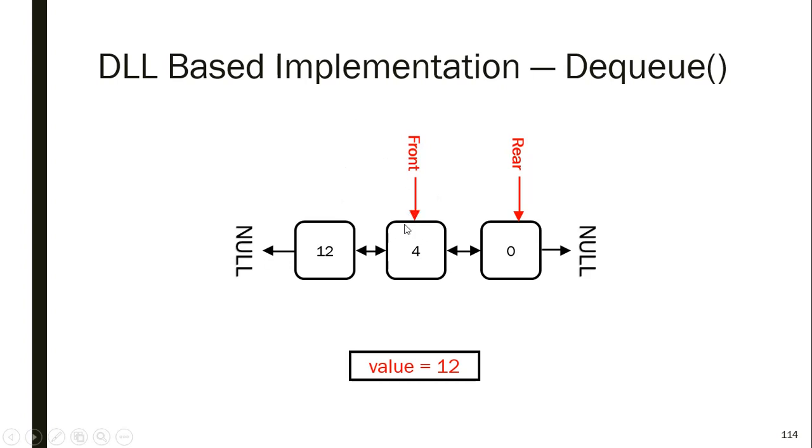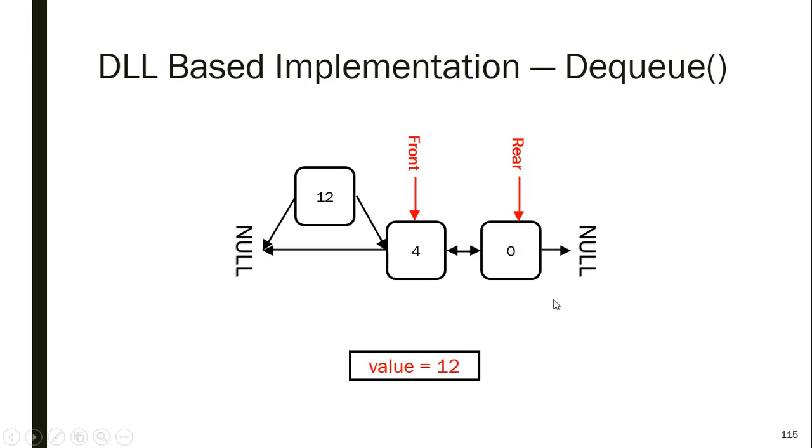Now if this is front, we do not need this, and the previous of this value, or left of this value, must point to null, and that is what we have done. So next is front dot left or previous is null. Now this is front, this is rear, there are only 2 elements here.